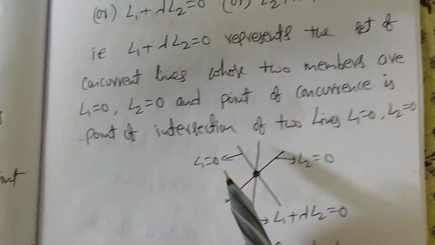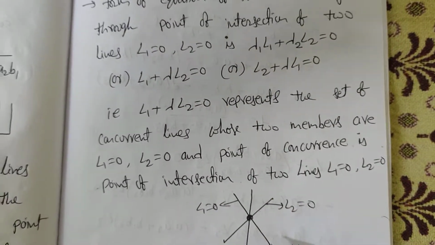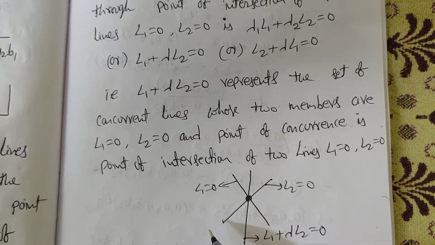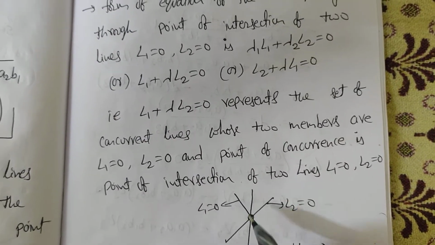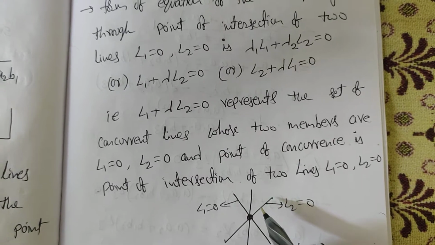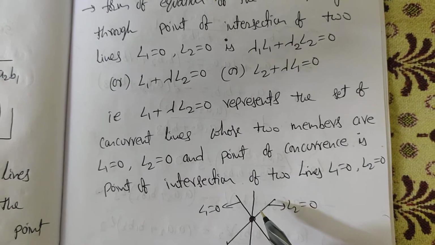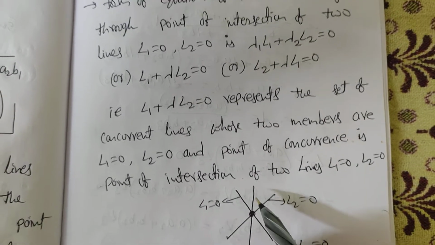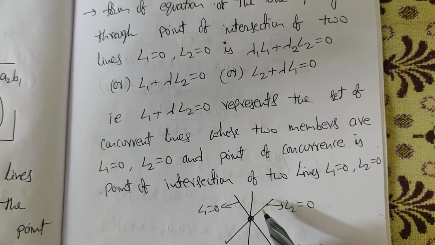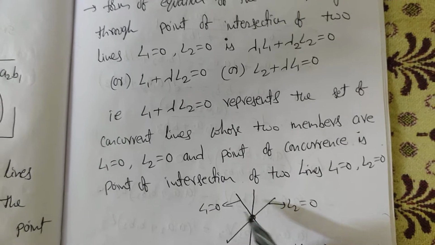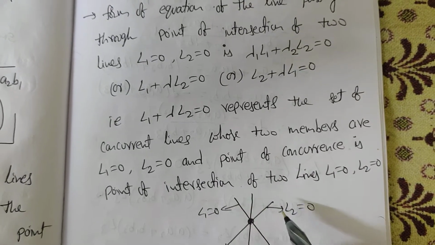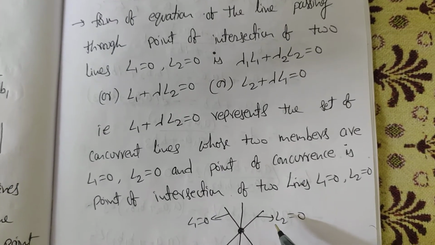This is also one of the methods. Suppose this is L1 equal to 0 and this is L2 equal to 0. If you want to find any line passing through the point of intersection of L1 and L2, then these three lines are concurrent lines. This line may be in the form of some lambda 1 L1 plus lambda 2 L2 is equal to 0.